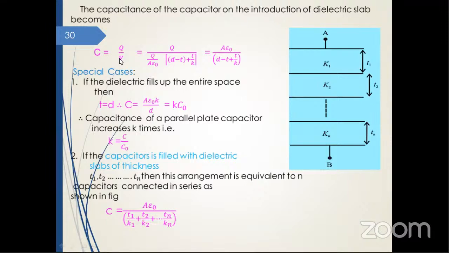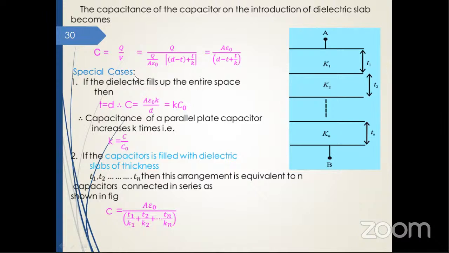Therefore the basic equation is C equal to Q divided by V. We obtained the equation for V, so putting it in, Q divided by Q over A epsilon naught into D minus T plus T divided by K. Therefore, this Q gets cancelled. Therefore C equals A epsilon naught divided by D minus T plus T divided by K.